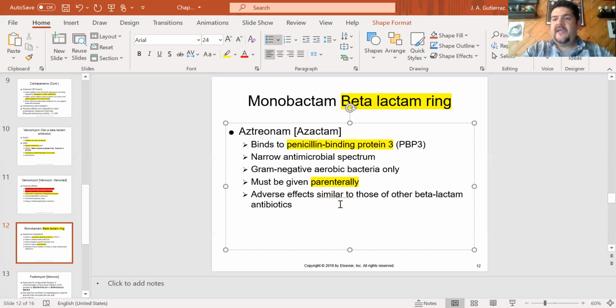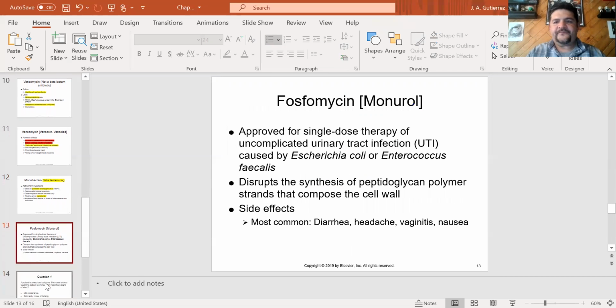Rash, anaphylactic reaction, and if they say diarrhea, less likely because it's IV. But if they say diarrhea, we need to make sure that it's not pseudomembranous colitis. We have to make sure that it's not C. diff. And if it is, the treatment will be with metronidazole as the first option.